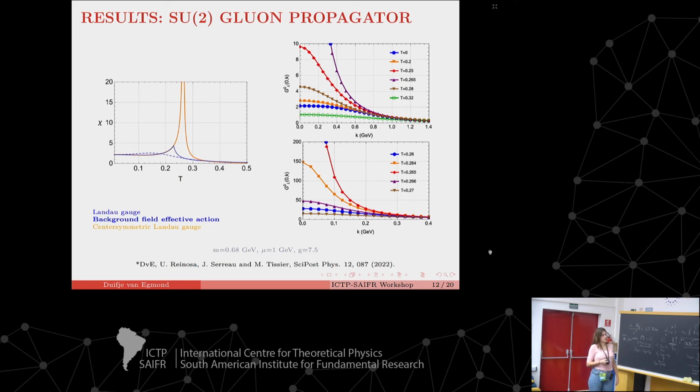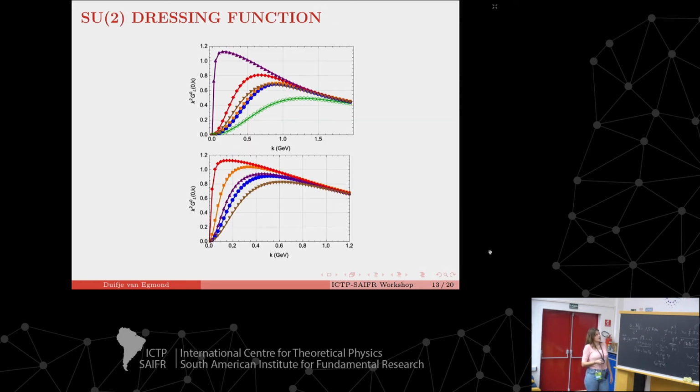And here you see the data that we used that were fitted for the zero temperature propagator with the lattice data. So the SU(2) dressing functions also signal it, because here the highest point, K max, has the lowest value of K.